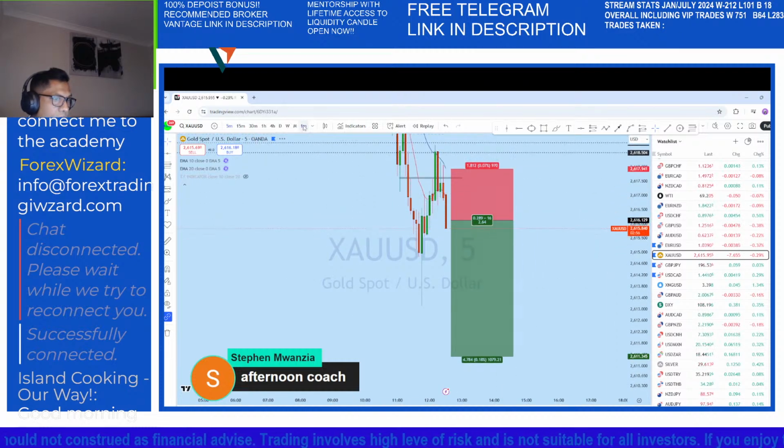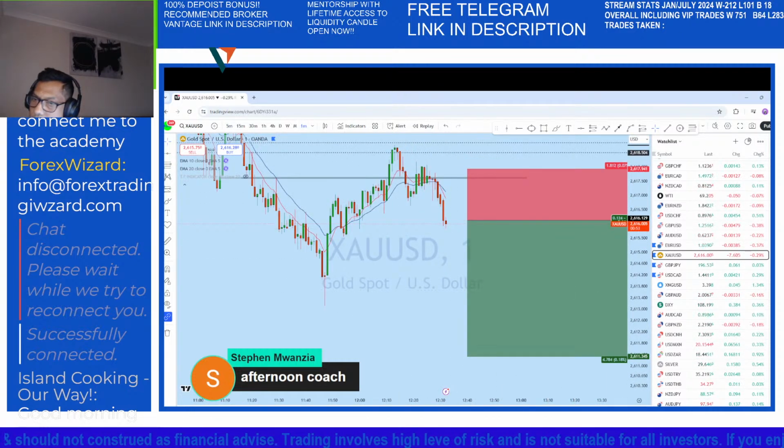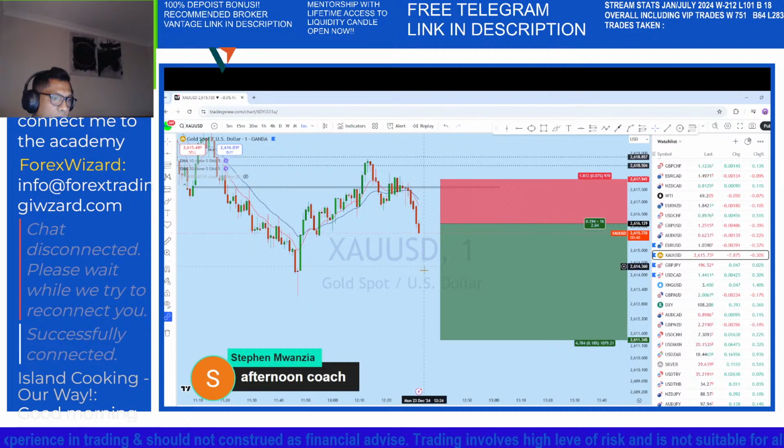Downward pressure, which is good to see. Some pips running here. Okay, so wanted to see that it's breaking below.